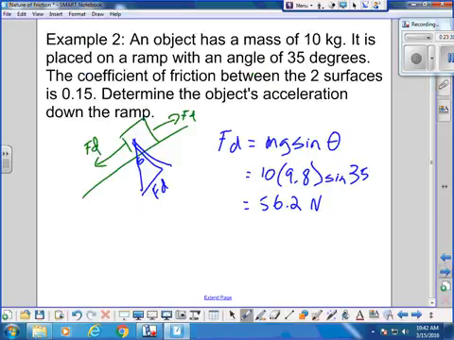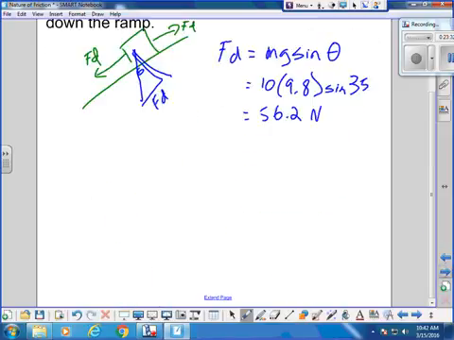So on a ramp, yesterday you learned that Fn is equal to mg cos theta, which is just the weight force times cos theta, because the ramp changes the value. Getting understand what's happening? Yeah?